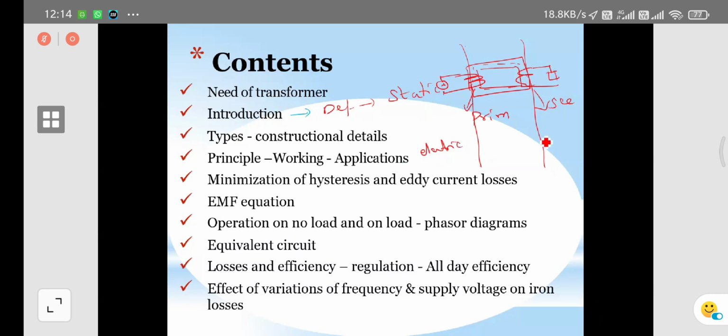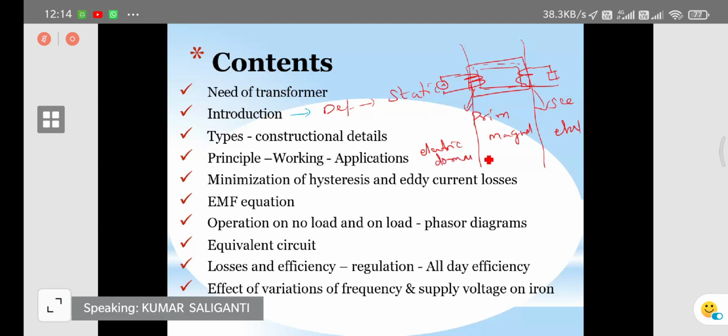In between, the intermediate medium is the magnetic domain. So this is the electric domain, this is the magnetic domain, and the other side, the load side, is again an electric domain. That means in the transformer, the power is transferred from electric to magnetic and from magnetic to electric again. The conversion process goes on here.